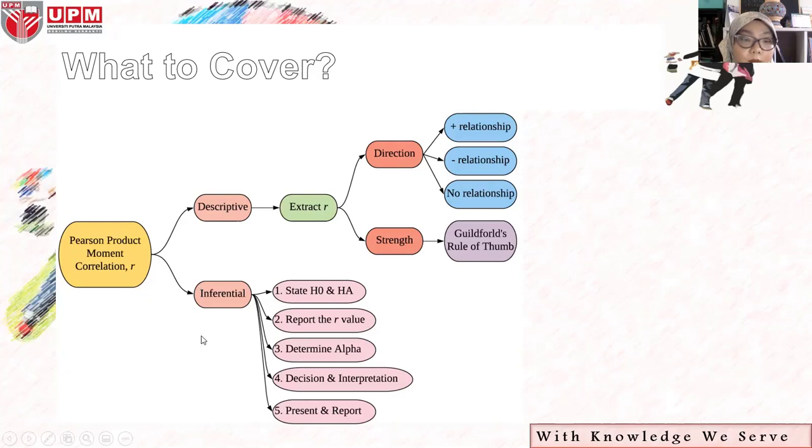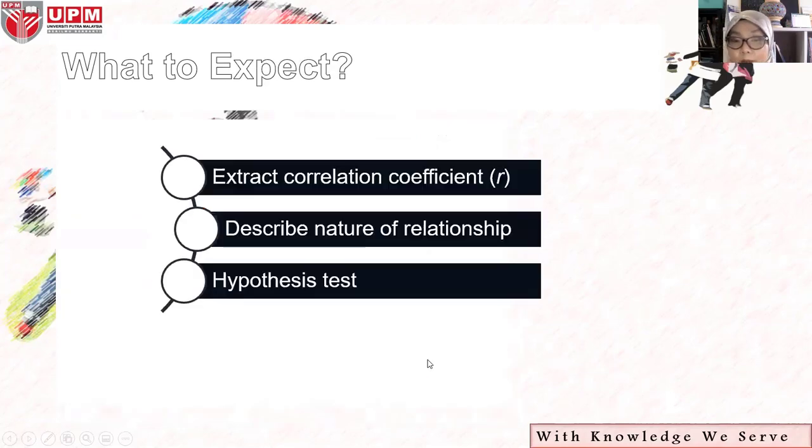For the inferential part, we will share how to state the H0 and HA for research that includes correlational analysis, report the R value, determine the alpha, make the decision and interpretation, and lastly, present and report your result.